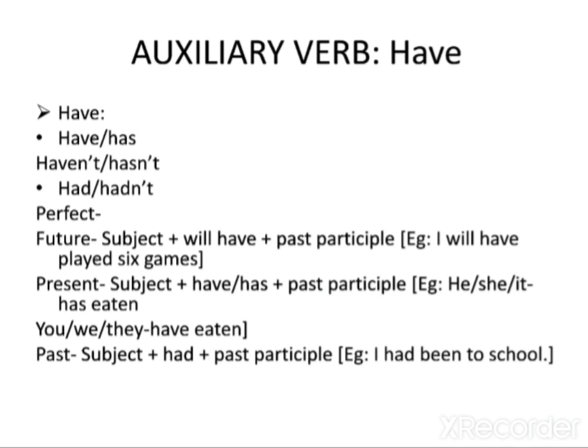So in the past tense, we are going to use had plus the past participle. So if we are using past perfect, we are using had plus past participle. If we are talking about present perfect, we are using has plus past participle.